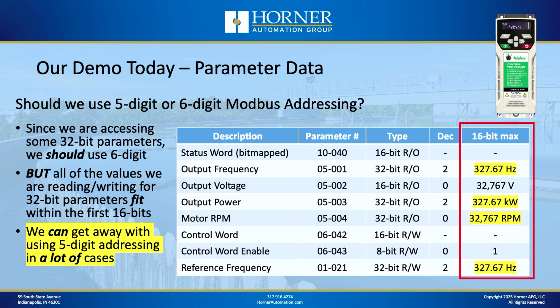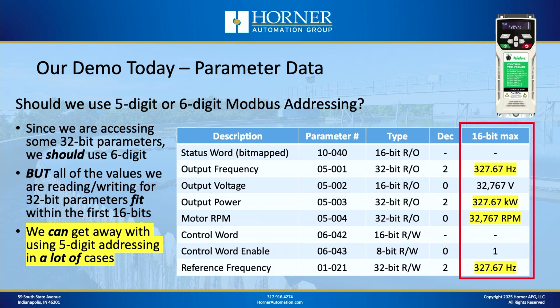No. How about 32,000 RPM? No. How about 327 hertz in terms of controlling the frequency? No as well. So as you can see, for the parameters I've selected at least, and for a lot of other parameters, even just accessing the lower 16 bits of a 32-bit parameter will work just fine, because you'll never need to set the value high enough to get into that second word.